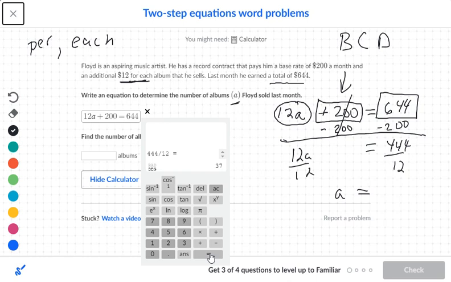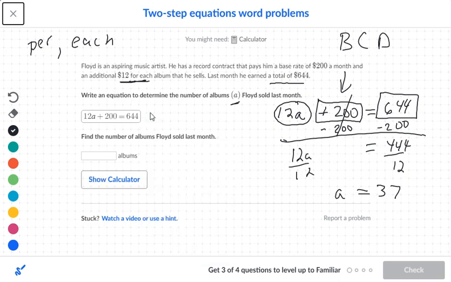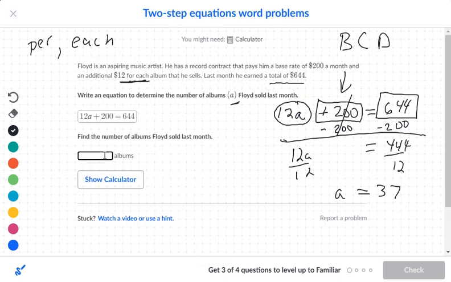And our answer, as you clearly see by the calculator, is going to be 37. So 37 is going to be our answer here. So let me cut the calculator off.